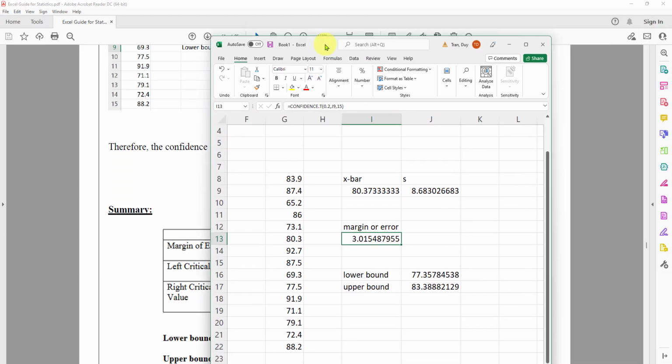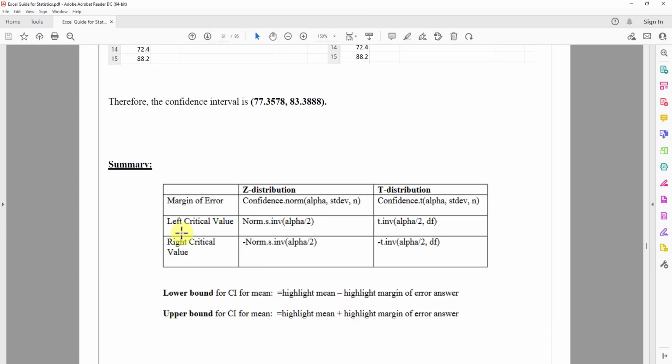And here is a quick review of all the functions that we can use between the z distribution and the t distribution. We use confidence.norm for the margin of error for the z, and we use confidence.t for the t distribution. Remember, we need to input the three arguments here: the alpha level, standard deviation, and the sample size. And then for the left critical value, we use norm.s.inv of alpha half, and t.inv of alpha half for the t distribution.